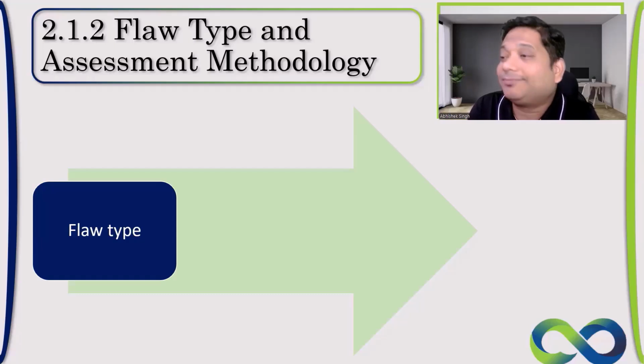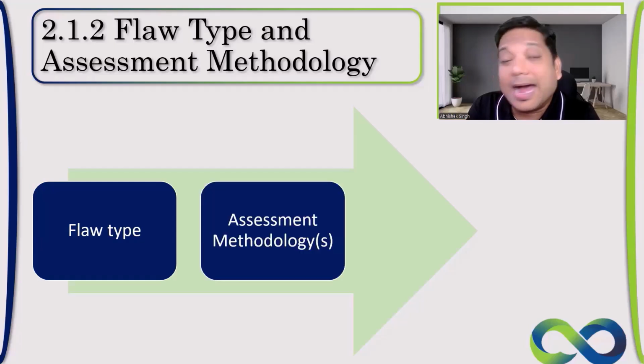We'll talk about the identification part also, how we can identify the flaw type. Depending upon the flaw type, I may select a single methodology for assessment, or I may decide on multiple assessments. It may fall into either category.